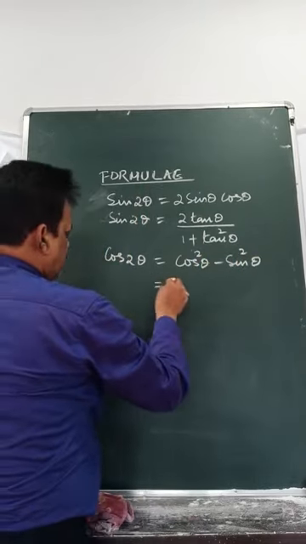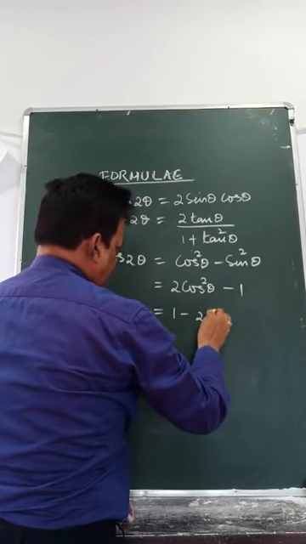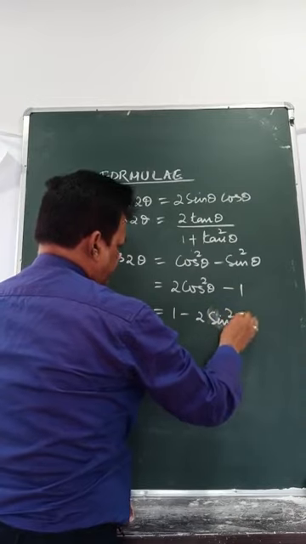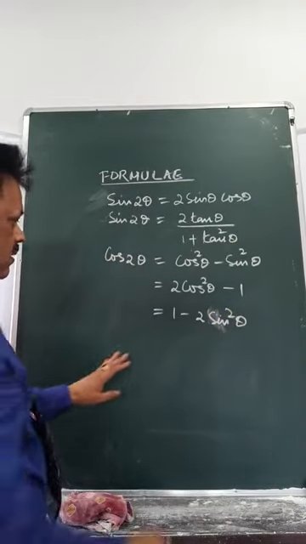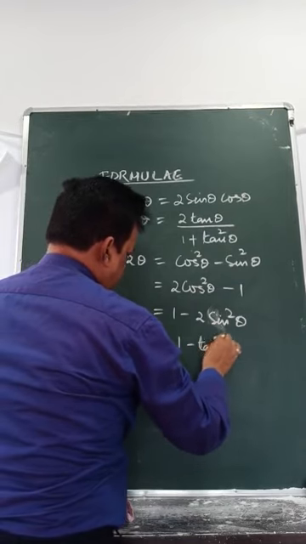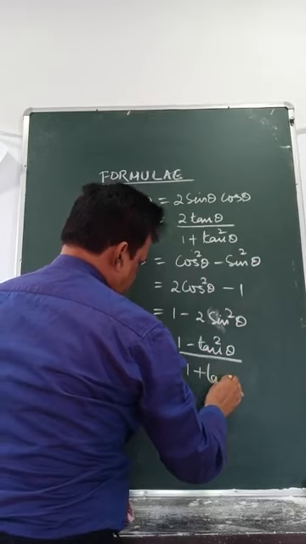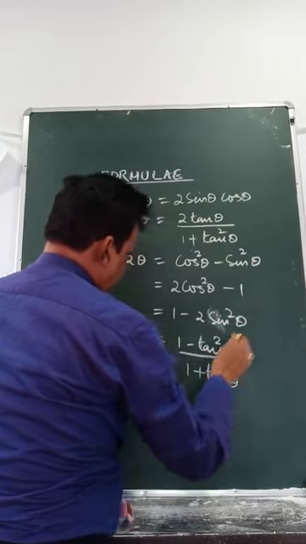Also 2 cos square theta minus 1, 1 minus 2 sin square theta, then 1 minus tan square theta by 1 plus tan square theta.